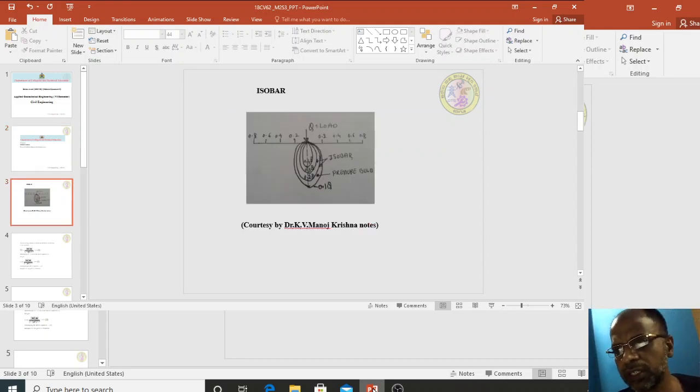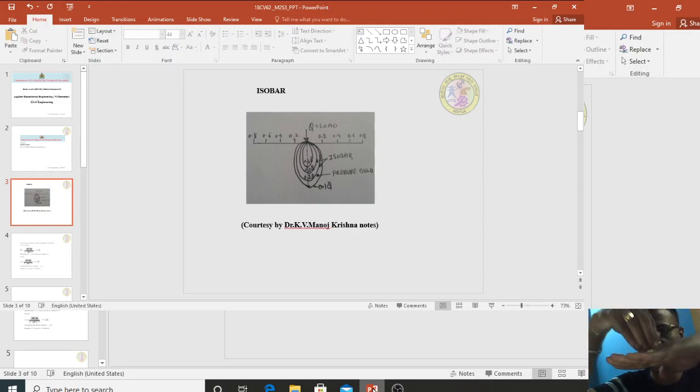Coming to the stress distribution diagram, let us say Q is the load applied on the top of the ground. Because of the application of load Q, the pressure will try to transfer.